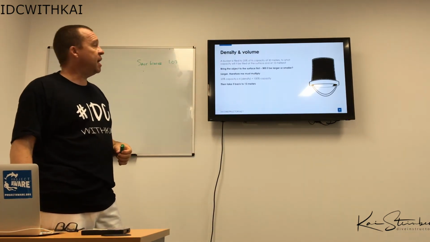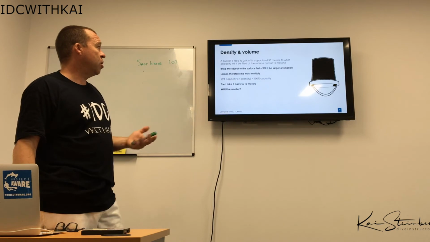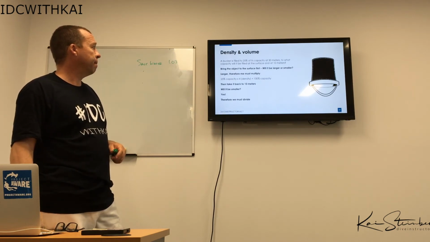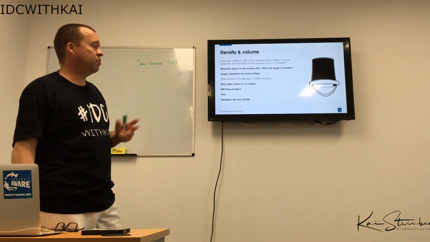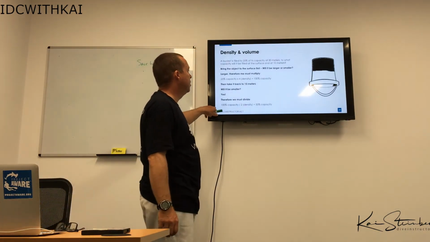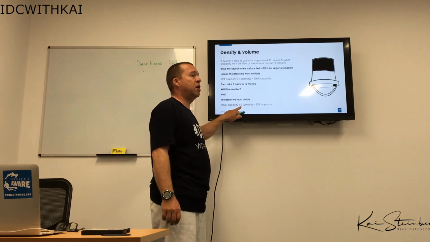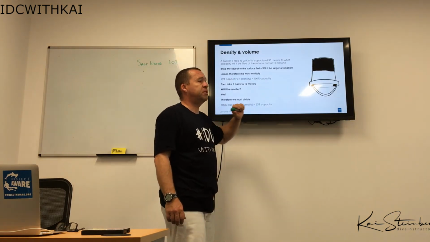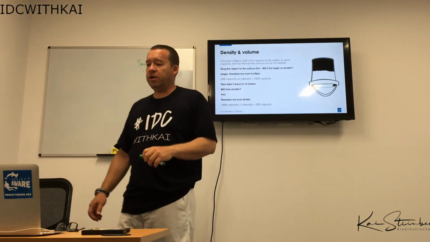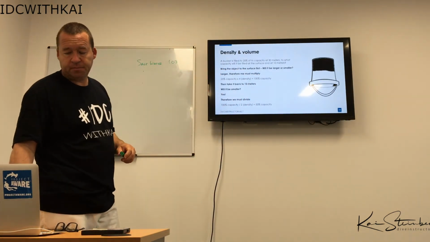Then take it back to 10 meters. We know it's going to be smaller, therefore I need to divide. Smaller, divide. My 100% capacity at 10 meters, with 2 times the density, is 50% capacity. So all of a sudden, that is only half full. Does that make sense?